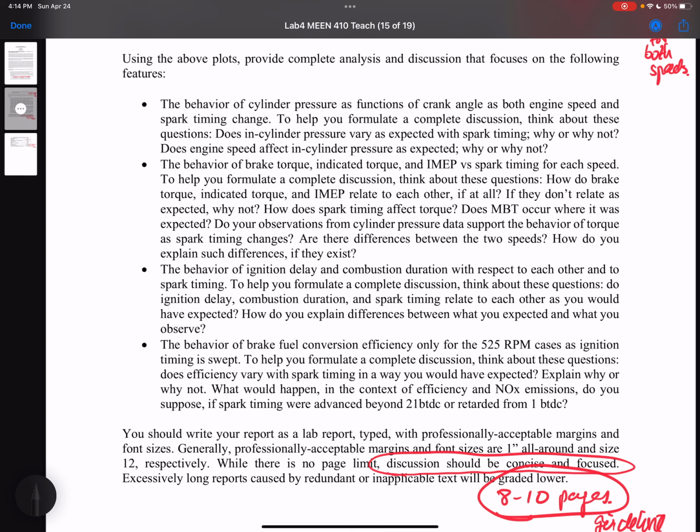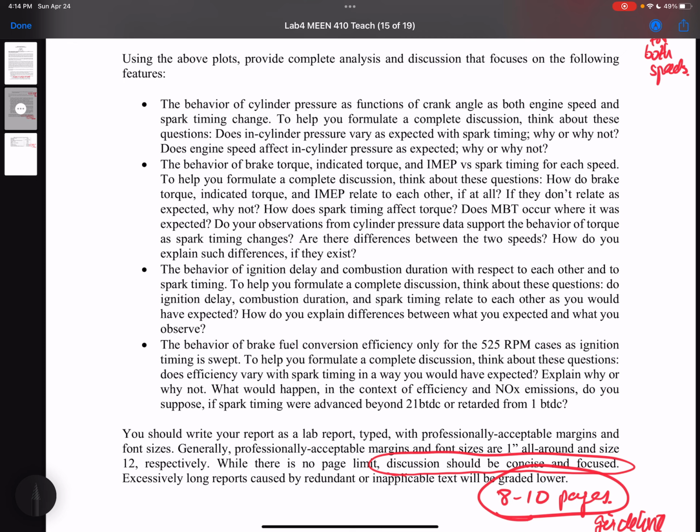How close are brake torque and indicated torque to each other? What is the difference between brake torque and indicated torque? And would that factor be affected by spark timing? How does spark timing affect torque? In other words, are you observing the trend of torque versus spark timing that you would expect based on what we've discussed in lecture?